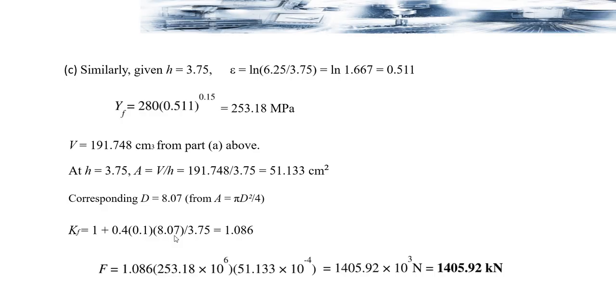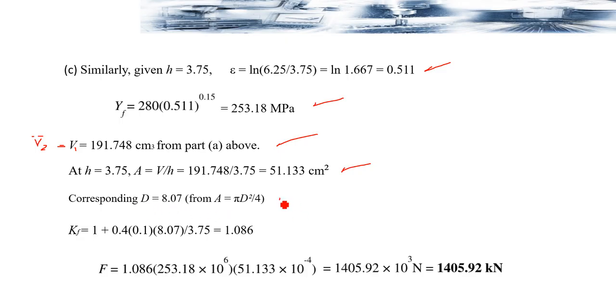Now, what we can do, let's make our calculator. Make a calculation to calculate the strain. Make a calculation to calculate the Yf. Make a calculation to calculate the volume, the initial volume, volume 1, which is equal to volume 2. Then a calculation to calculate the area from the volume.